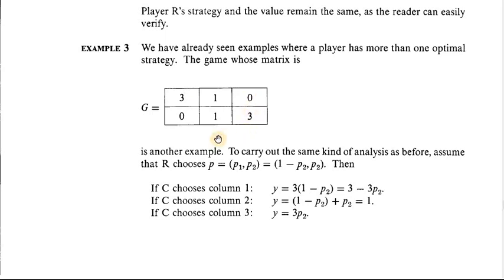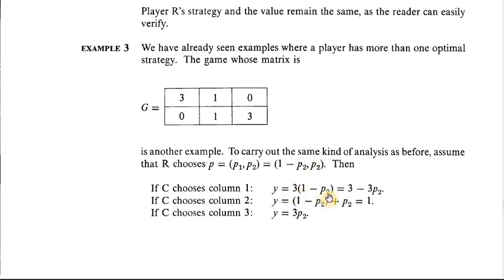Right. So let's assume that the row player has a mixed strategy, P1, P2, and then the column player has a payoff for each different column that he can choose. If the column player chooses the first column, well, then his payoff is 3 with probability 1 minus P2 and 0 with probability P2.